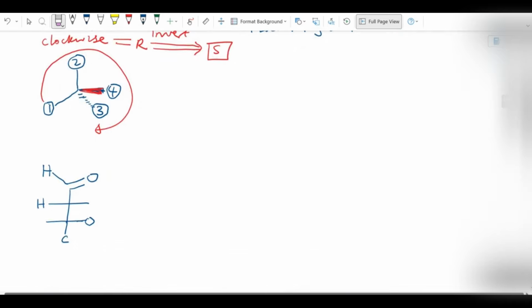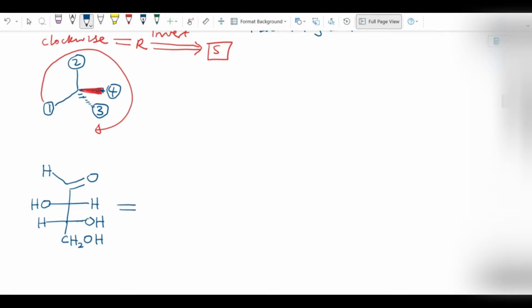We should have a hydrogen here. This is OH, this is hydrogen, and this is CH2OH. So let's go ahead and redraw this. Just draw out all of the atoms. So this is P and this is Q.